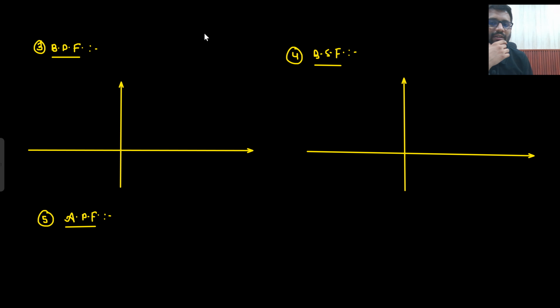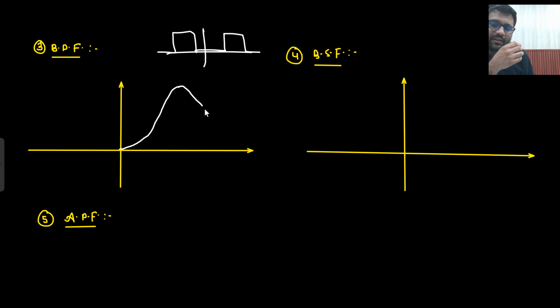What about the band pass filter? So this was the band pass filter, right? But ideally what will happen? The gain will keep on rising, at some point it will provide you maximum gain, and after that the gain will keep on decaying.